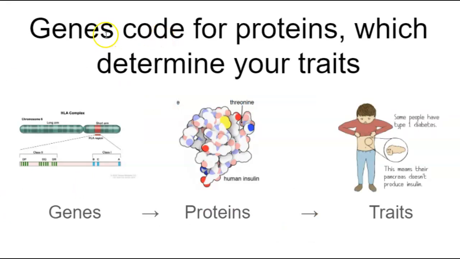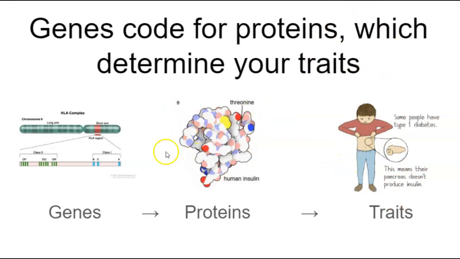So ultimately, genes code for proteins, which code for traits. If you're in your notebook, just write this bottom section right there, okay? So we start with a gene. Our DNA has the information on how to make a protein, and that protein gives us a trait. In this example, the protein is insulin, and the trait means we can process sugars.